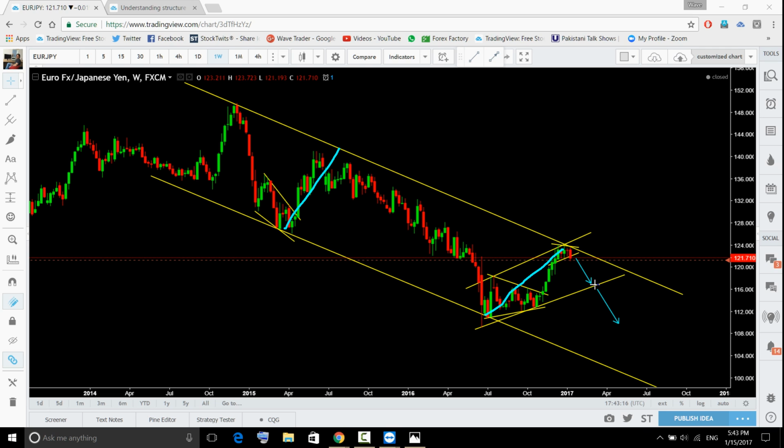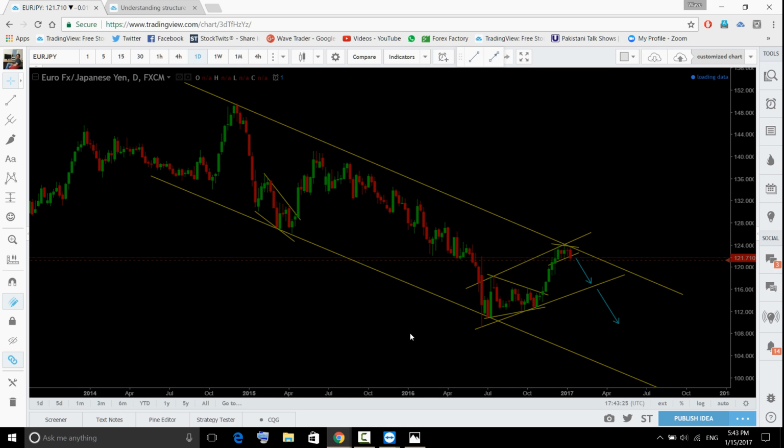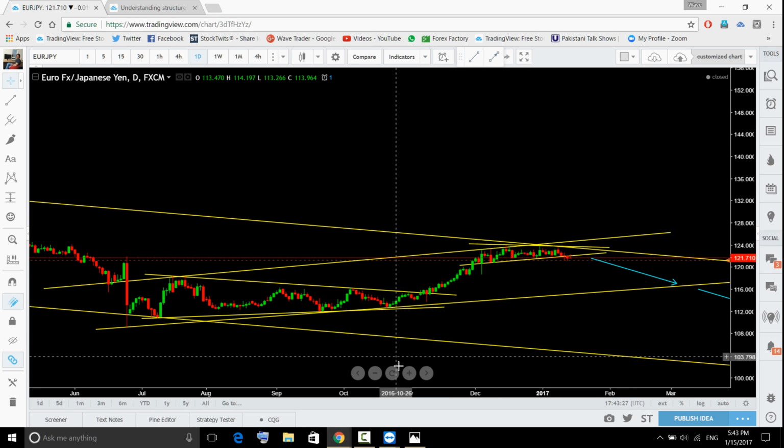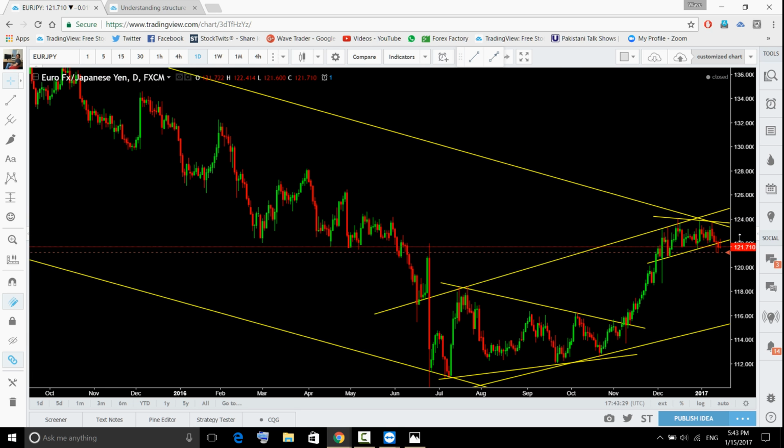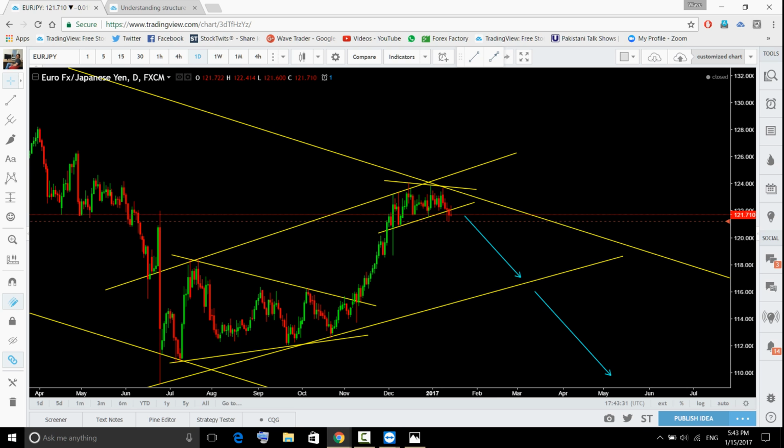I'm looking for the continuation to the downside. On the lower time frame, if price clearly leaves this corrective area with an aggressive candle, then it is going to reverse the previous bearish trend.